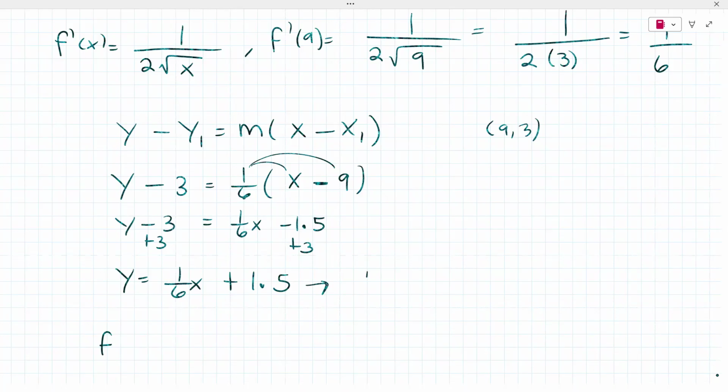It could also be expressed as 1/6 times x minus 9, plus 3, right? Because negative 9 over 6 can be reduced.